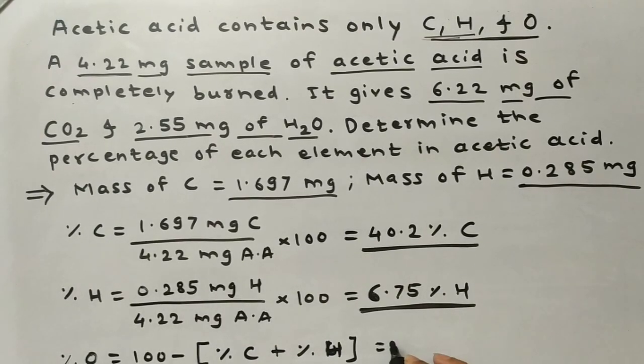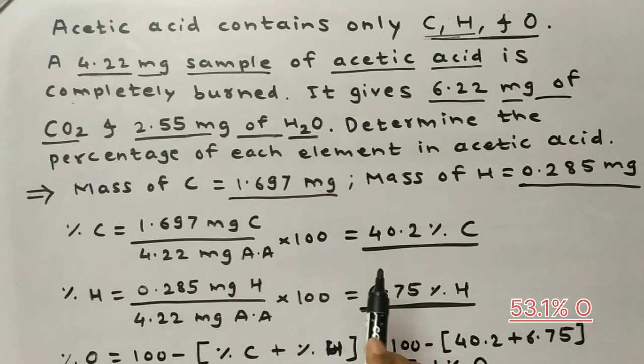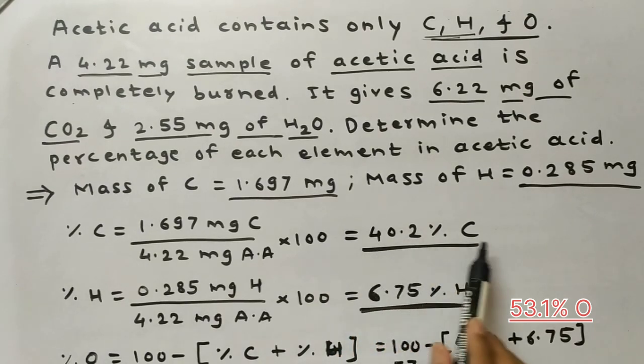So this will be 100 minus 40.2 plus 6.75. So we will get 53.1% of oxygen. So the percentage of carbon is 40.2, hydrogen 6.75, and oxygen 53.1%.